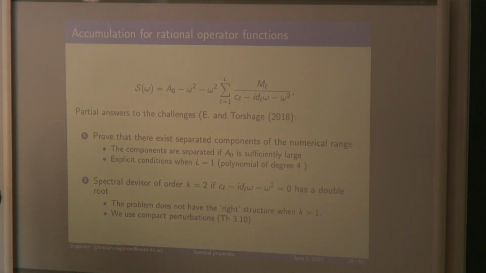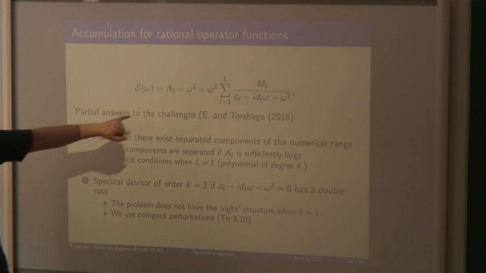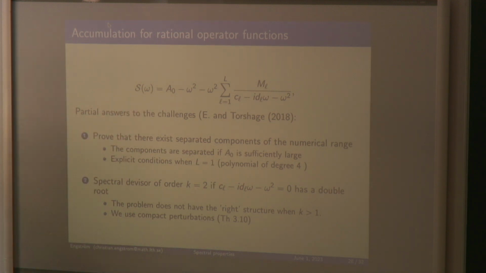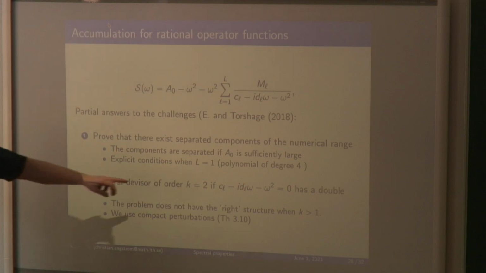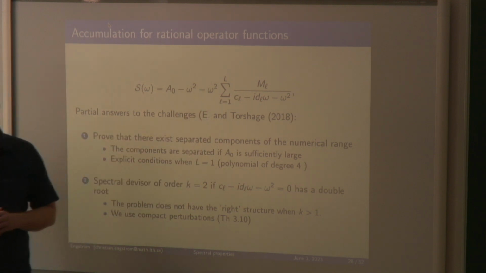So everything that could split will split if A0 is large enough. But of course then you need to assume that it's large enough. And if you want to do something more explicit to tell us what large enough means, then we could only do that for L equal to 1.